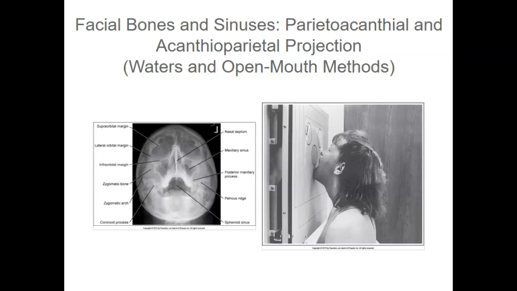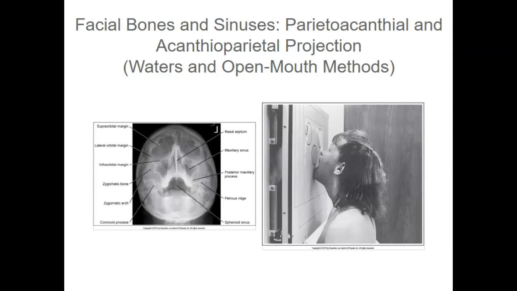Just wanted to review also a few positioning procedures. For the Waters projection, you're going to adjust the chin elevation until the mental meatal line is perpendicular to the IR.